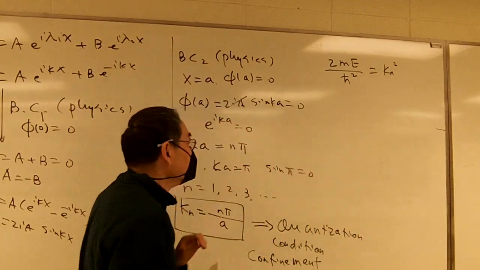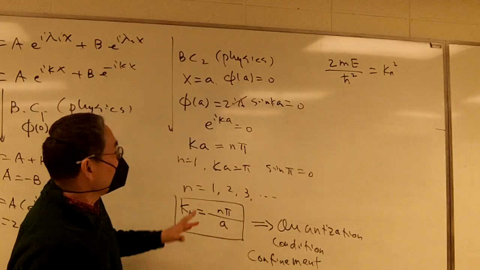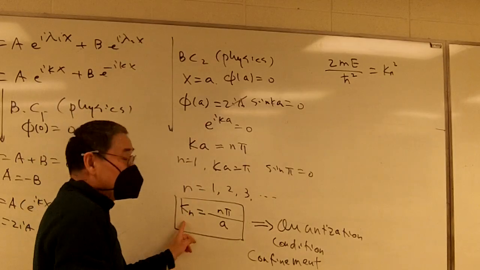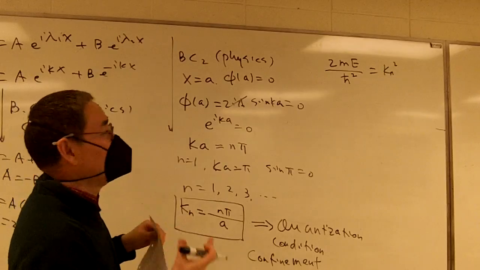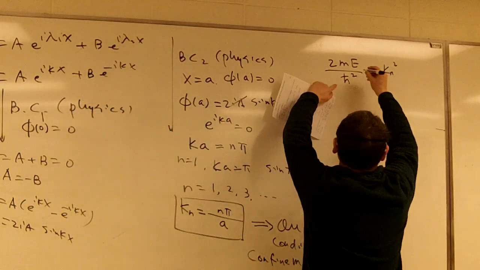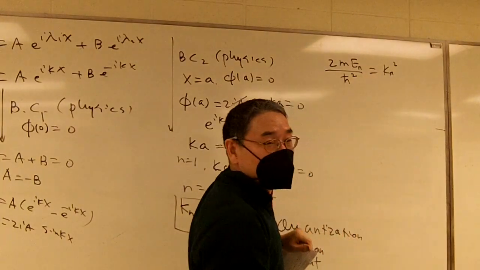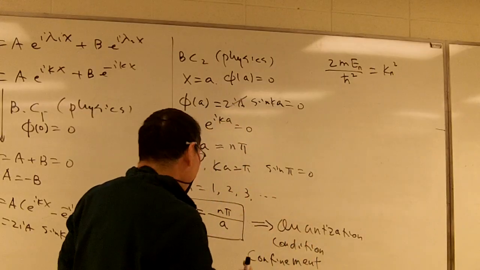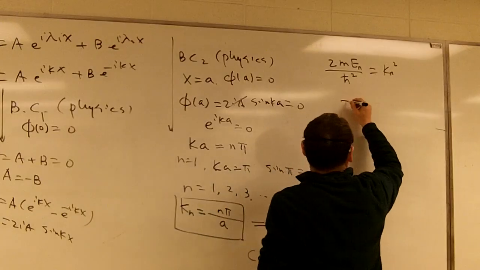Are you guys being able to follow? In other words, what I am doing now is, I got this k, and I want to plug that k into that equation. So now you see, I'm going to add, watch carefully, a subscript onto my E. And this just labels the fact that the energy is quantized. So now I solve for E.